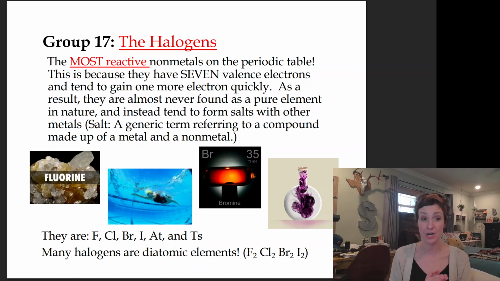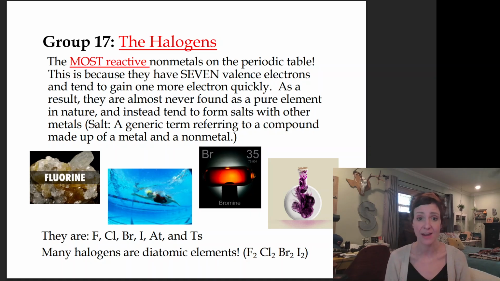Your halogens are the most reactive nonmetals on the entire periodic table. And this is because they have 7 valence electrons. We know that atoms want to get 8. It is so close to 8 electrons that it tends to gain an electron very, very quickly.